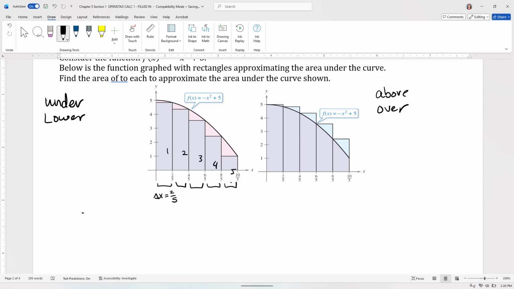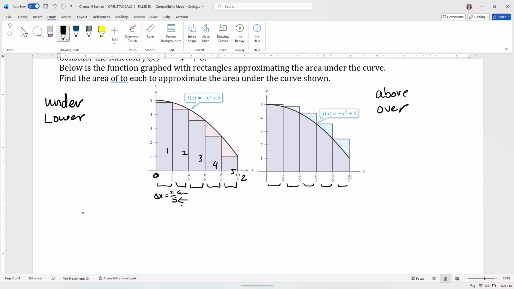So it's the change in x everywhere, even on this one. I'm trying to approximate the area under this curve from 0 to 2, so I'm doing that span, which is 2 units long, and dividing it into 5 pieces. So 2/5 would be each rectangle of equal width.